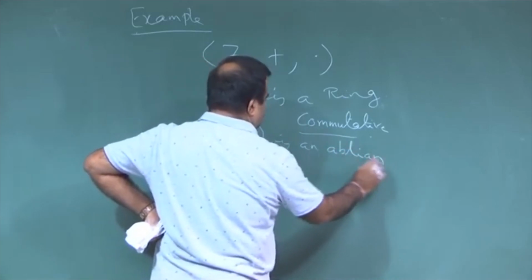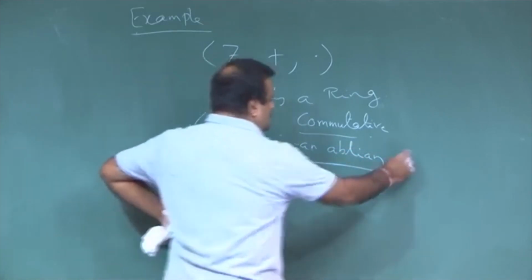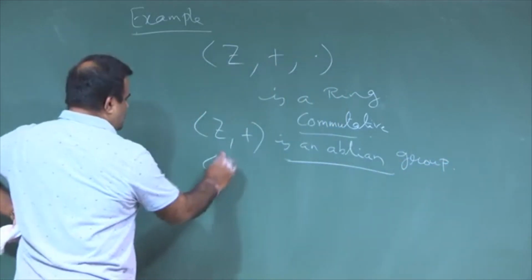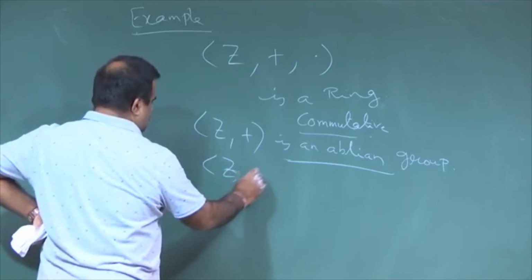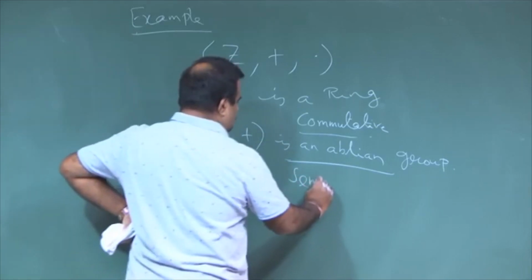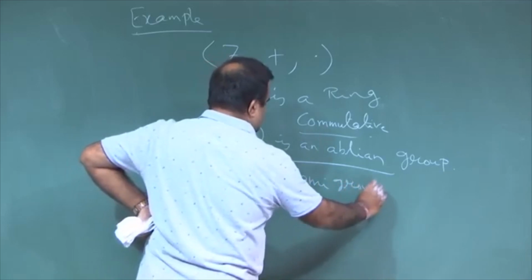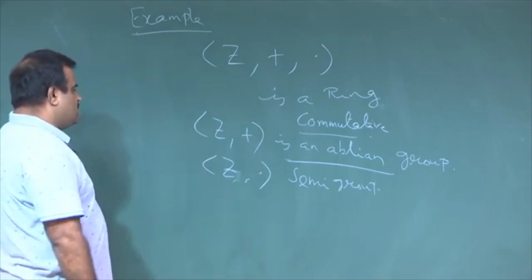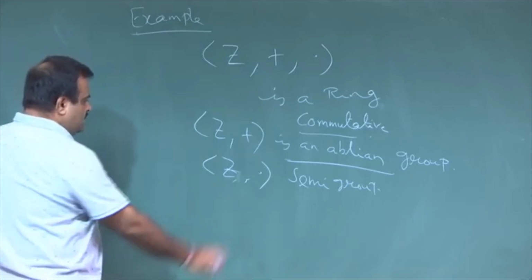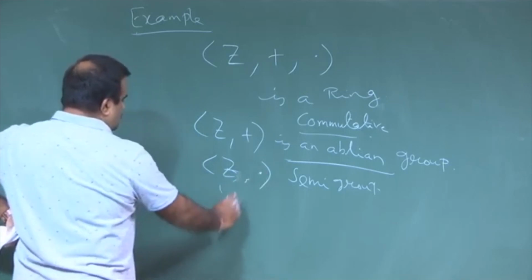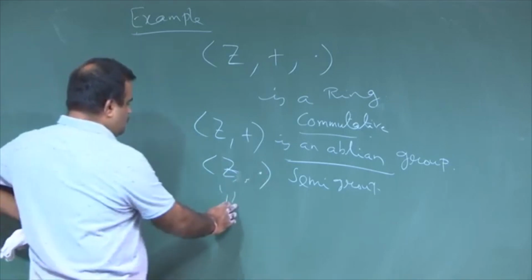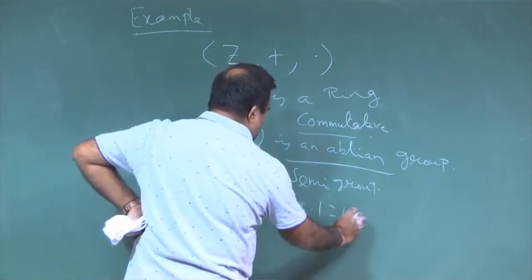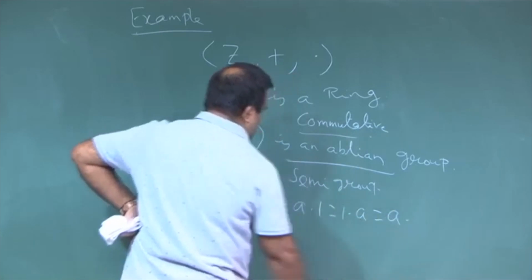We have seen this before, abelian group, and also under this dot this is a semigroup, and also this dot is commutative. So, this is a commutative ring, but what about the identity? Identity means 1. So, 1 is the identity element, so a dot 1 is equal to 1 dot a is equal to a.